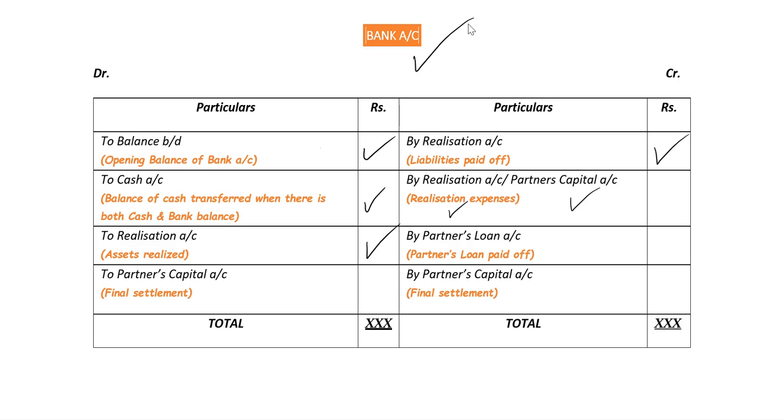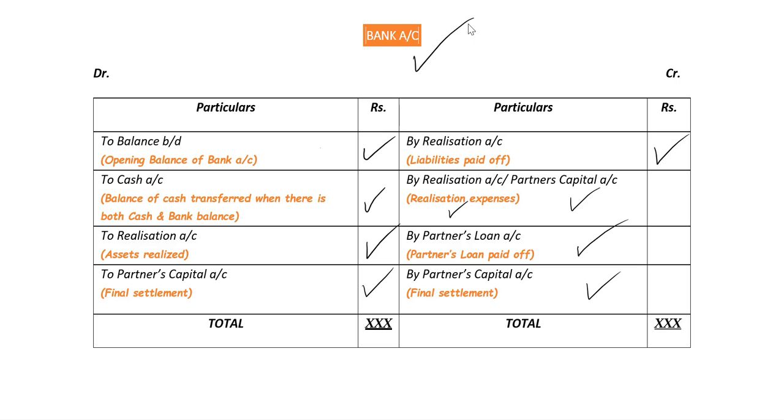The partner's loan appearing in the liability side of the balance sheet will be paid off by the firm and we will write by partner's loan account. The final settlement, where the firm pays cash to the partner, will come as by partner's capital account. And in case the partner has to bring in cash to make up for the deficiency, we will write to partner's capital account.